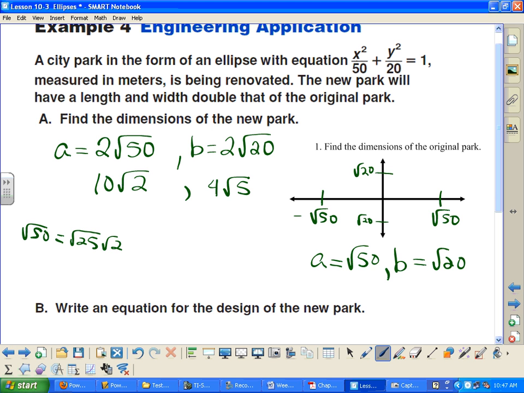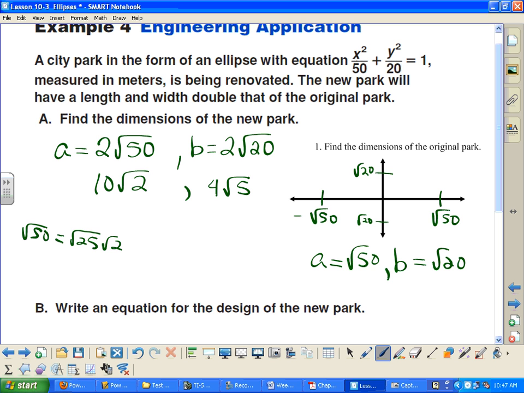So now, they want the dimensions. What do you think dimensions mean? When we're talking about an ellipse, what are they talking about with the dimensions? The length and width, which means all the way across. Well, this number here only represents the value of A. So the value of A is only the distance from the center to one side.